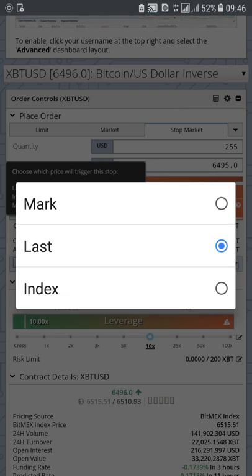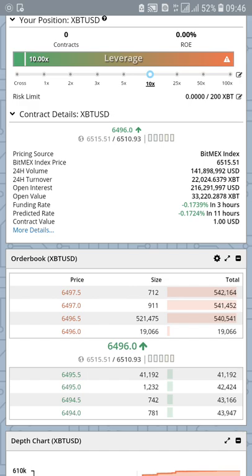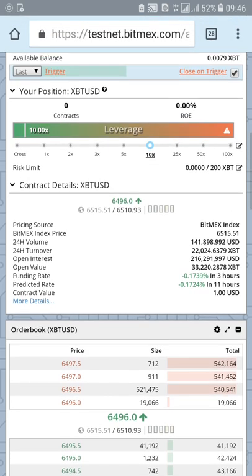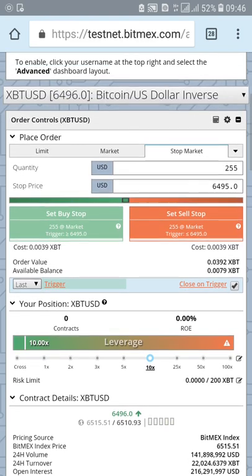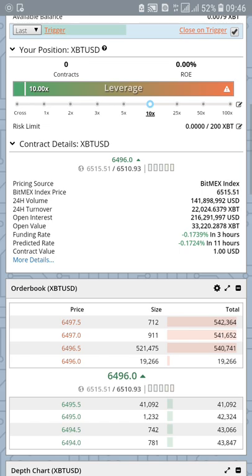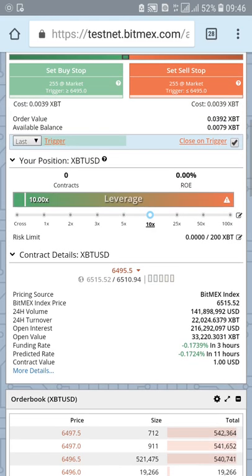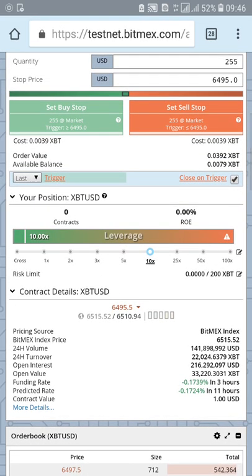But I prefer using the last price because the last price is the price on this particular exchange. The last price is the price someone just bought at or someone just sold at. So I prefer using the last price because the index price doesn't determine the price on Bitmex itself. The mark price too doesn't determine the price on Bitmex itself.